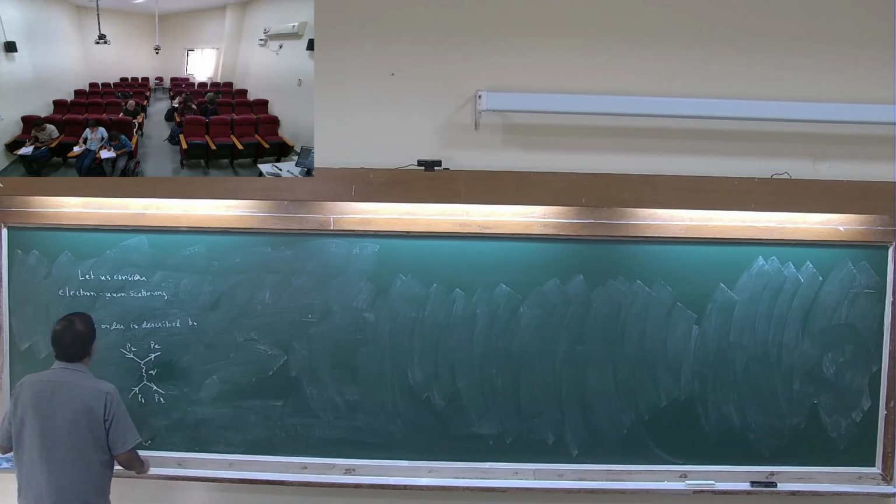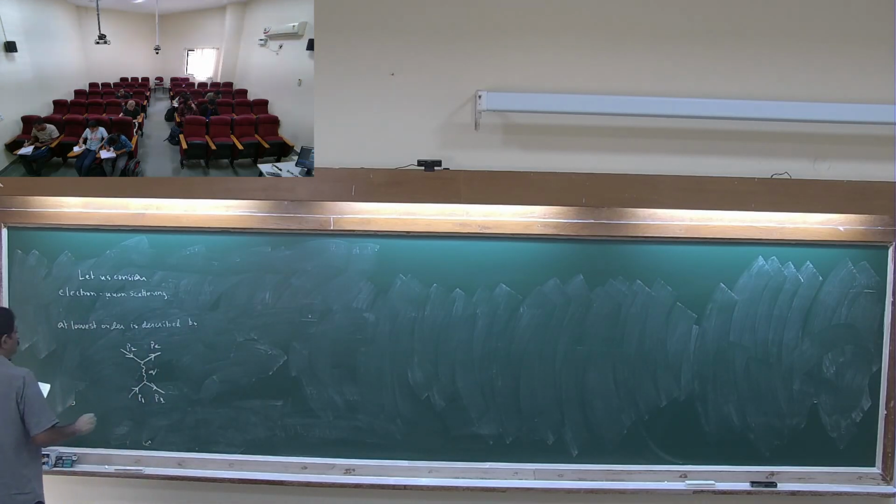and so this is at lowest order, and so the corresponding amplitude is given by M equals minus g_e squared. This is the peculiar notation of Griffiths, instead of calling it e, just e, he calls it g_e, ū(p3) γ^μ u(p1).